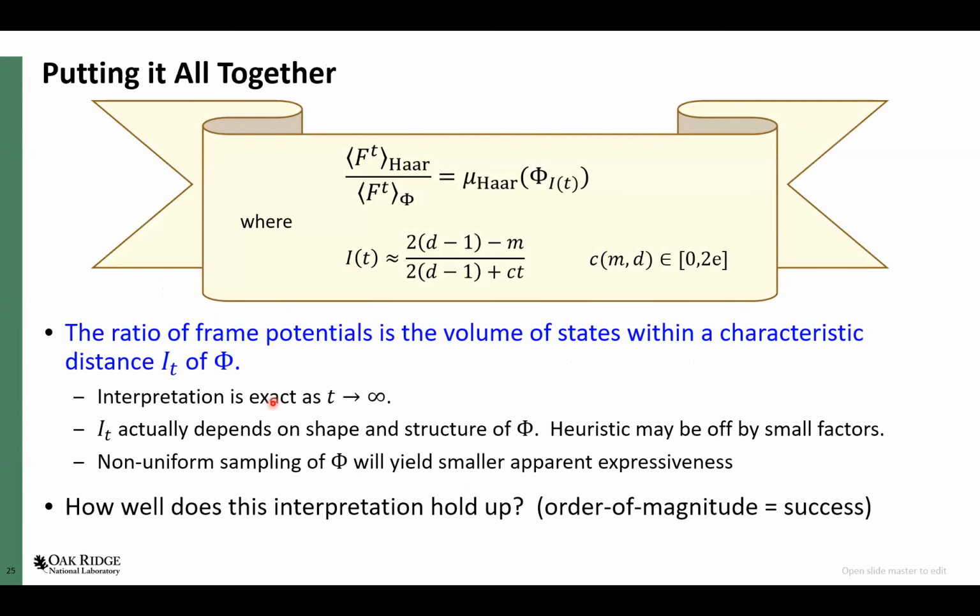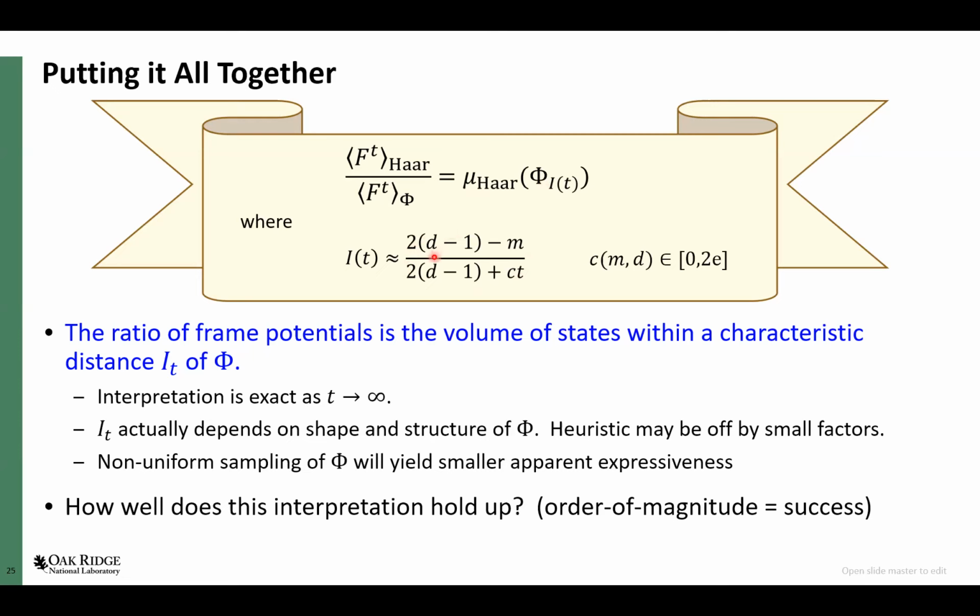Okay, so putting everything together, what I've shown is that the ratio of these frame potentials, these two theoretical quantities related to t-designs, you can actually think of as roughly a volume of states that your circuit can approximate to some characteristic infidelity. And that infidelity, to good approximation, has this very simple form.